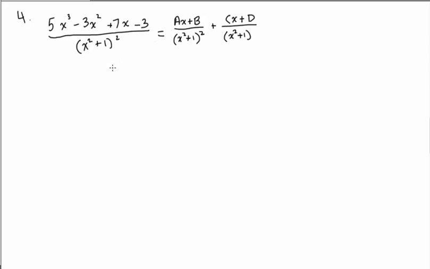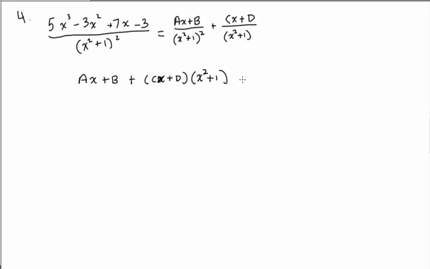And let's take a look. So we have ax plus b. We wouldn't need to multiply that by anything because the common denominator is x squared plus 1 squared. So I don't need anything to that one. The other one, however, I do need a cx plus d times another x squared plus 1.